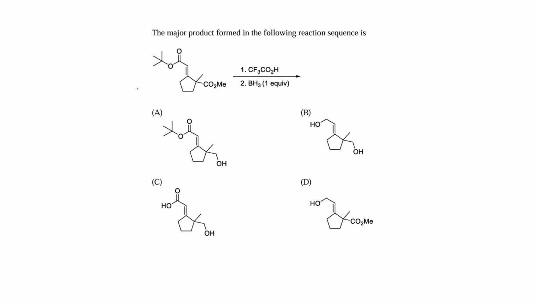Next is this one. What will be the major product formed in the following reaction sequence? As they have added acid, one of the ester groups will be hydrolyzed. As this is a bulkier ester than this methyl ester, this will be hydrolyzed at a faster rate and it will give acid.